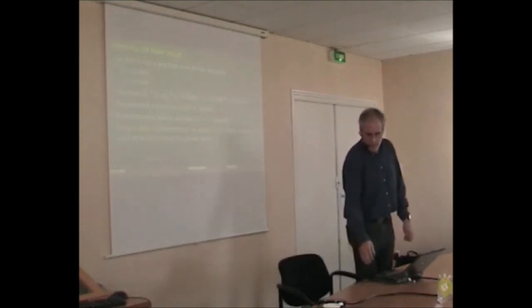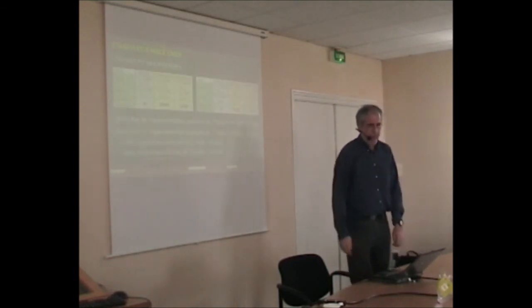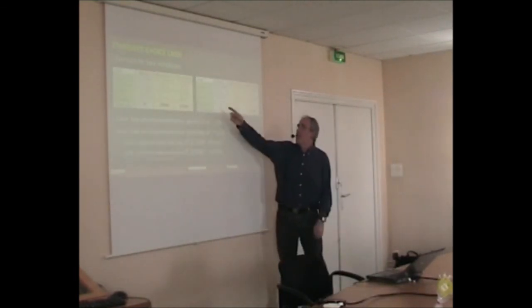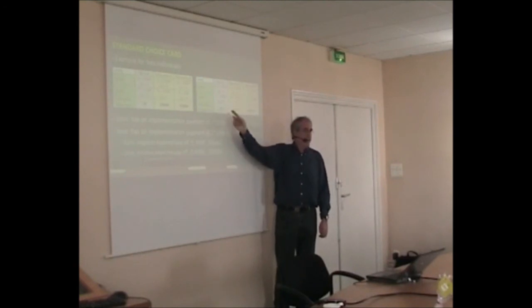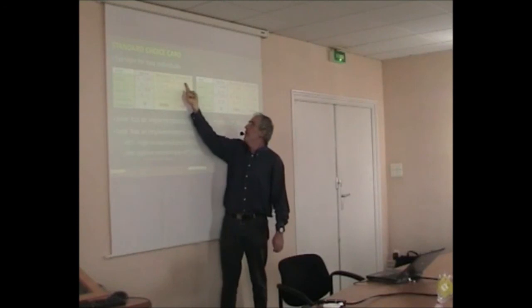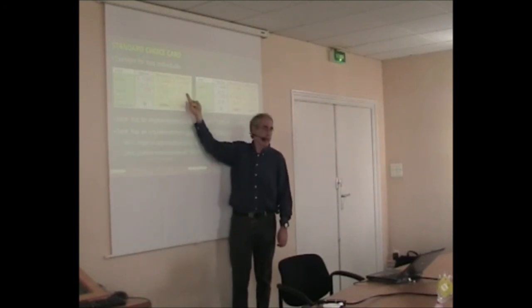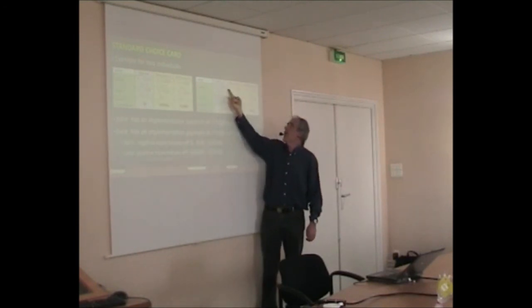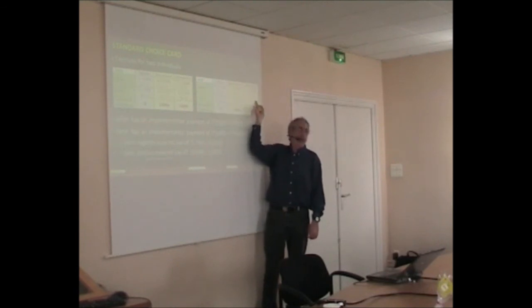Okay, so let's go to a more normal example. Let's say two people, John and Jane, have those cards. So one has 2,000 and 500, and the other has 1,000 and 8,000. Okay?